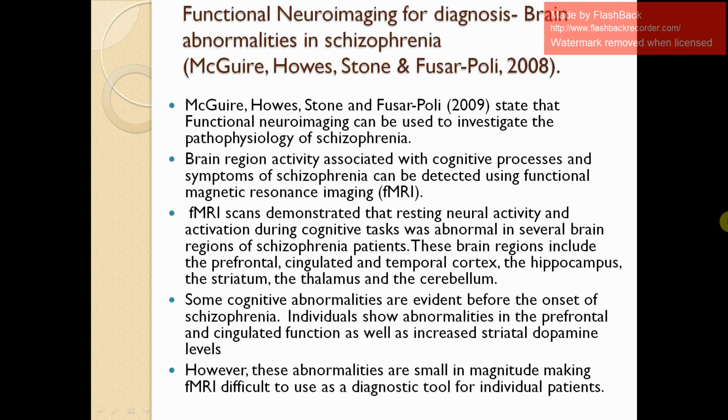So, functional neuroimaging for diagnosis, brain abnormalities in schizophrenia. McGuire, House, Stone and Fusar-Poli 2009 state that functional neuroimaging can be used to investigate the pathophysiology of schizophrenia.